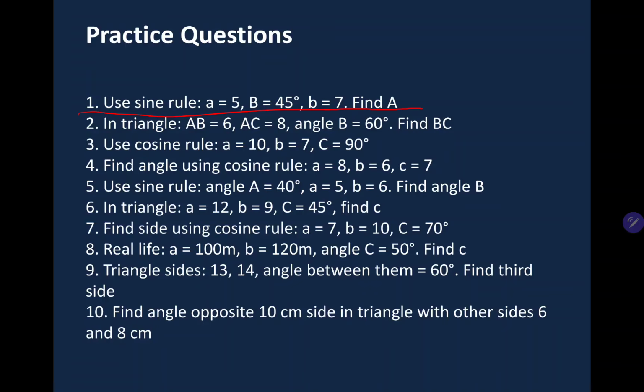That's the first thing. Then, because most likely in an exam, they will not tell you to use the sine rule or to use the cosine rule. They'll just tell you to find the sides or the angle, the missing side or angle. So you have to know when to use the sine rule or when to use the cosine rule.